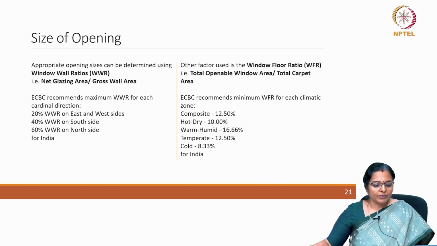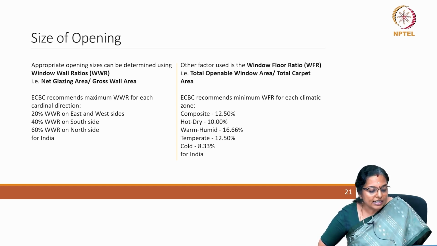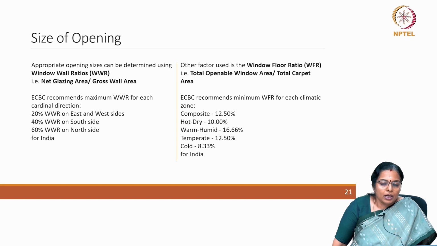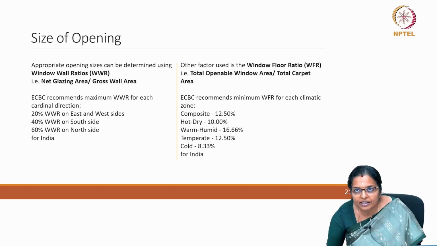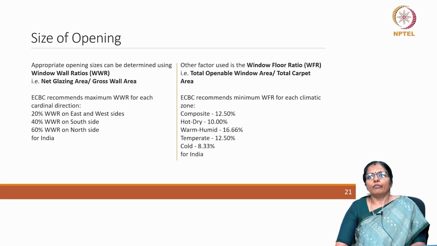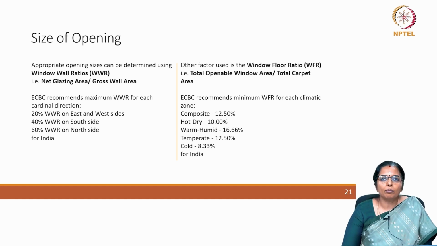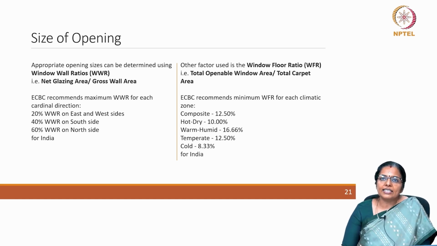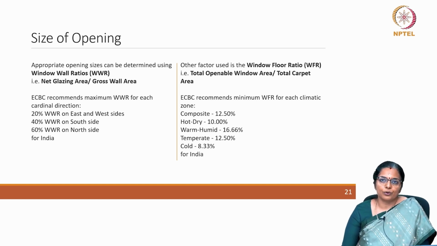Now, what is the measure of the size of opening? Appropriate opening sizes can be determined using window to wall ratio, also known as WWR. Net glazing area divided by gross wall area gives us window to wall ratio.